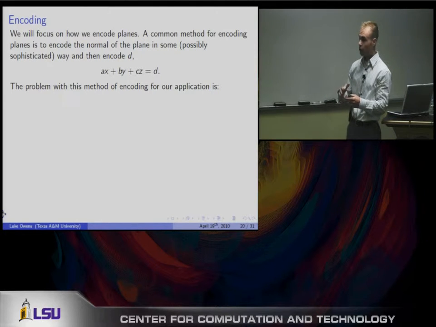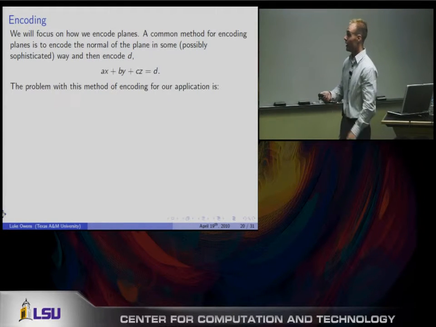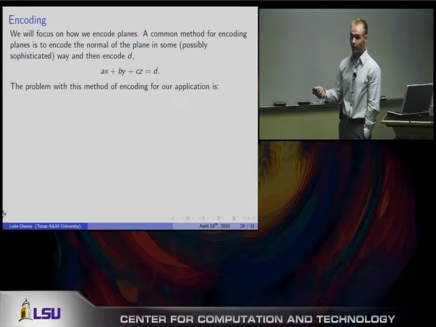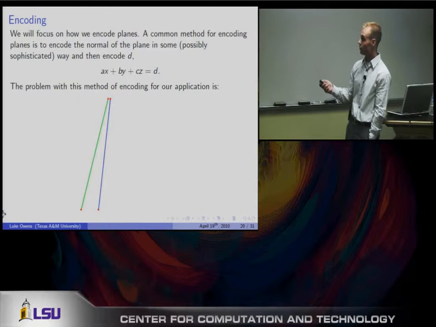So we're sending all this information, and Dr. DeVore wants to use progressive. That is, if you have a parent plane, you should be able to use that plane's information to help encode the children of the plane. That's the idea. But Dan, he did not do this at first. He just encoded these planes, these normals, and the plane without doing the progressive.